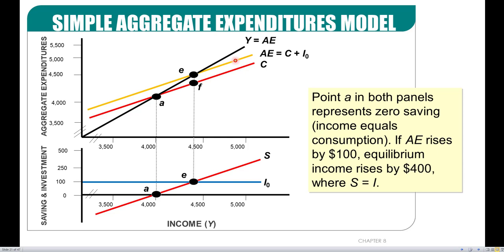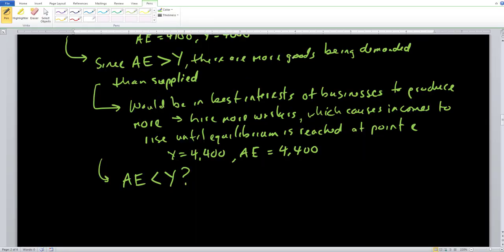And in this case, we notice that, hey, our income is greater than spending. So it'd be in the best interest of firms and corporations to actually slow down their production, fire workers. And as they fire workers, incomes are going to decrease until once again, we hit point E right here. So essentially, the methodology and channels that we've talked about right here in this little paragraph, the opposite is still going to hold true, but the opposite just occurs. So opposite occurs. So something to be aware about.